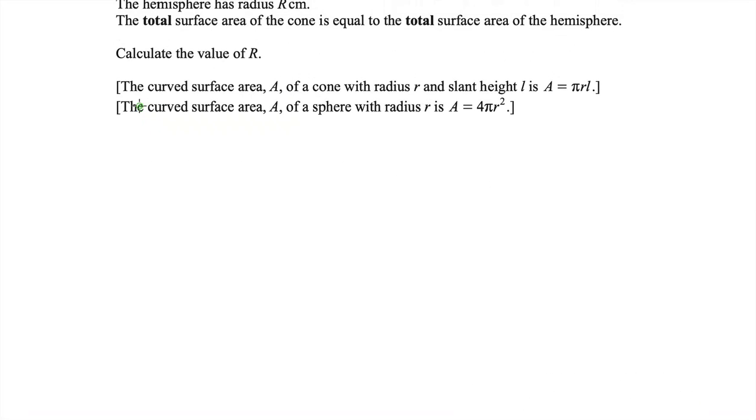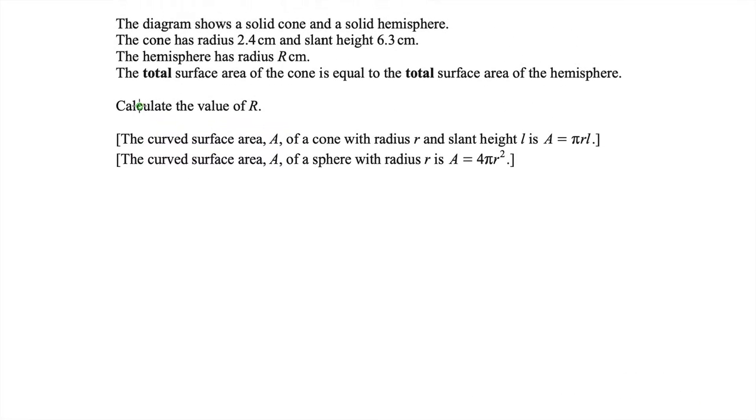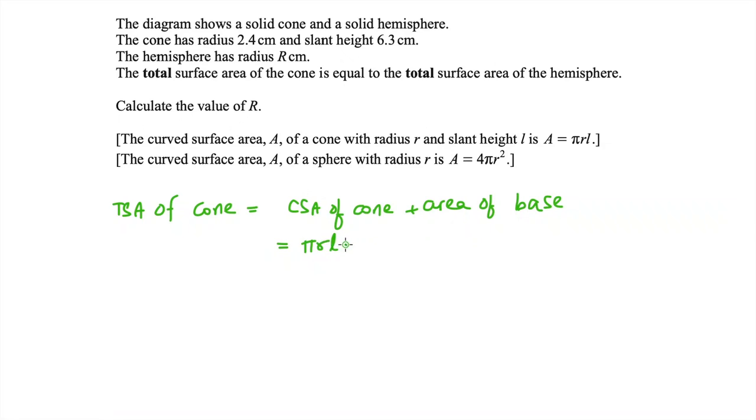So before we go further, let us try to understand what the total surface area of the cone would be. It would be the curved surface area of the cone plus the area of the base. So this is equal to pi r L plus pi r square, and it is given that L is equal to 6.3 centimeters and r is equal to 2.4 centimeters.